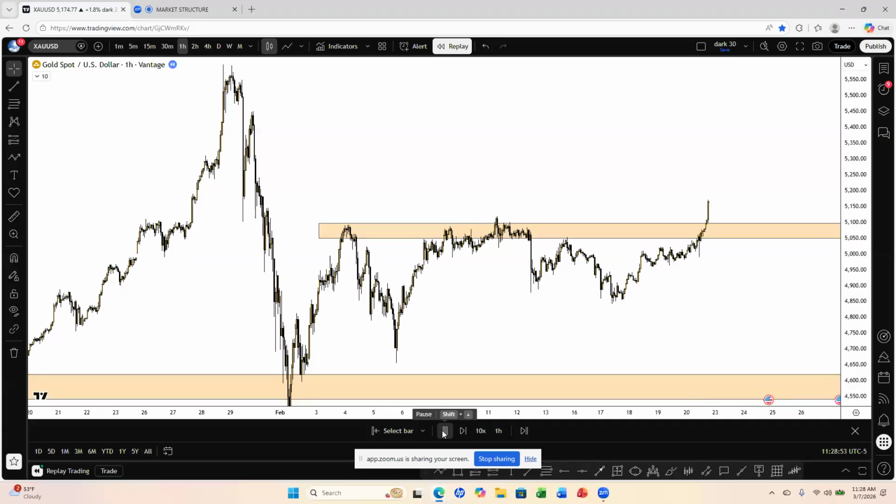And eventually, bam, broke through. This is now a break of structure. It finally broke through. So breaks of structure happen on all time frames. And you have to first decide what time frame you want to do your analysis off of and basing your trades off of. Some people like to do it from the 1 hour.